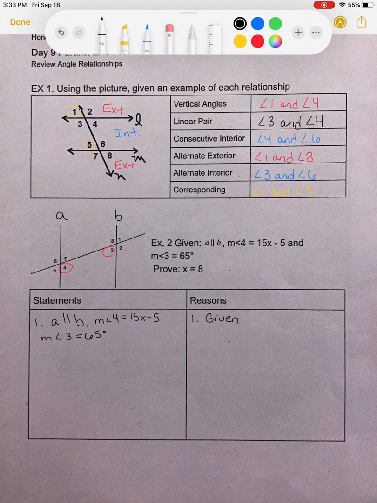So we would write on this step 2, angle 3 and angle 4 are supplementary. And the reason we know that is because those are consecutive interior angles.